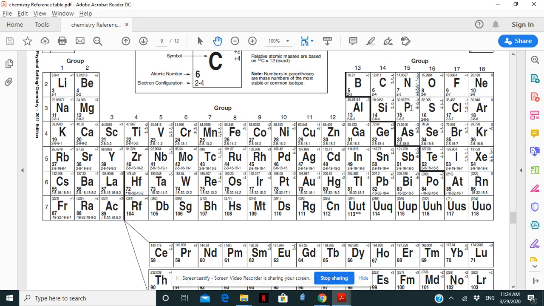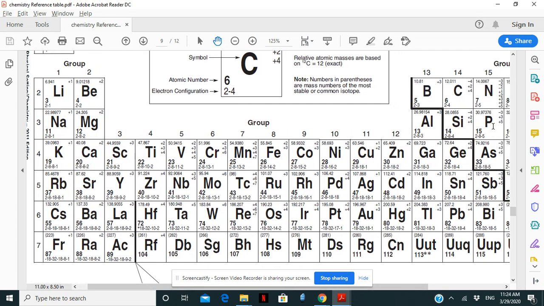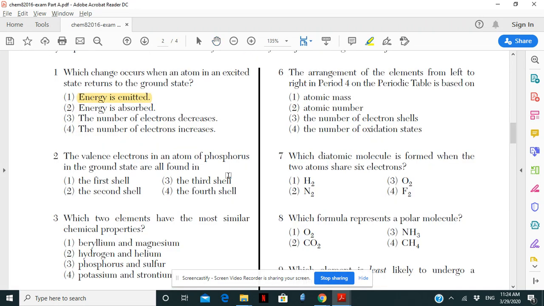Here is the phosphorus. In phosphorus, in ground state, it has 2-8-5, means it has 3 shells. And in that case, the outer shell is a valence shell, which is 5. And in that case means it's in the third shell.